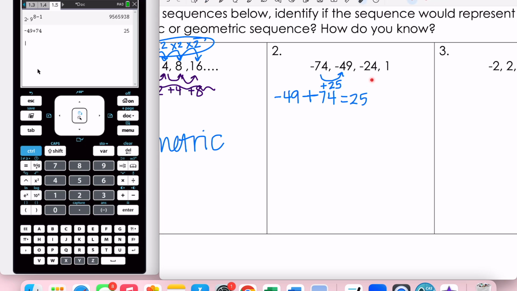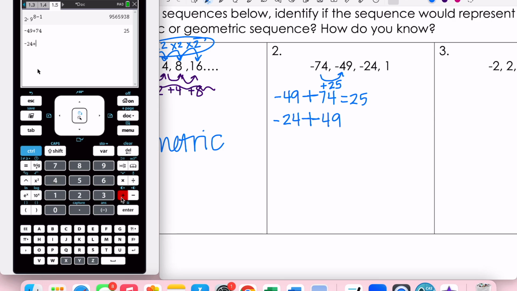Now I want to check to see, am I adding 25 to get to the next? Again, when you're dealing with negative numbers, it might be more difficult to do that mental math in your head. So I'm going to take my third term, negative 24, and subtract my second term, which is negative 49. Again, double signs means you have to add. Negative 24 plus 49 gives us 25.